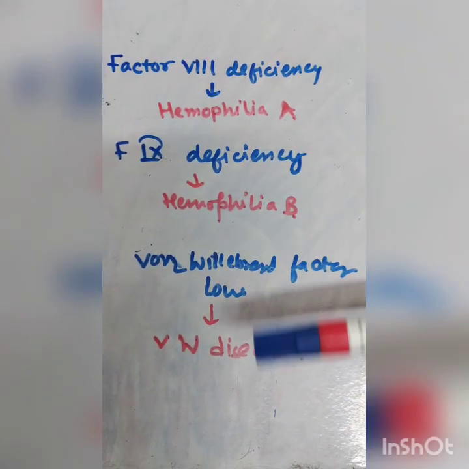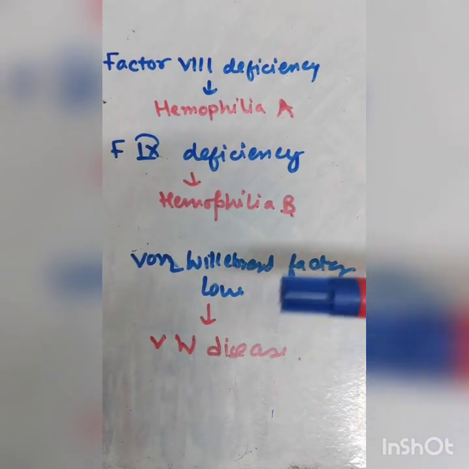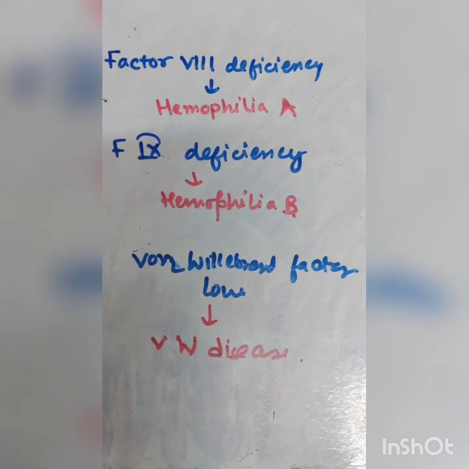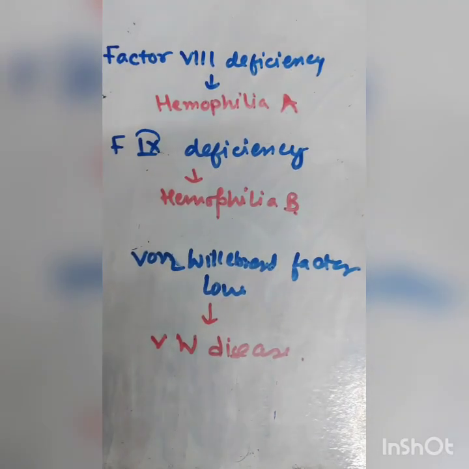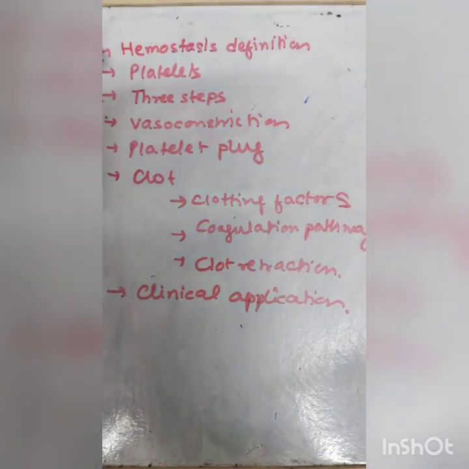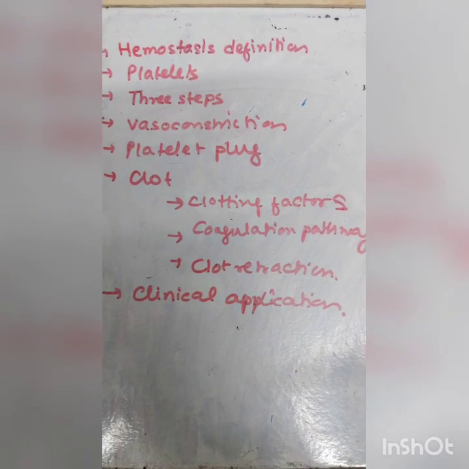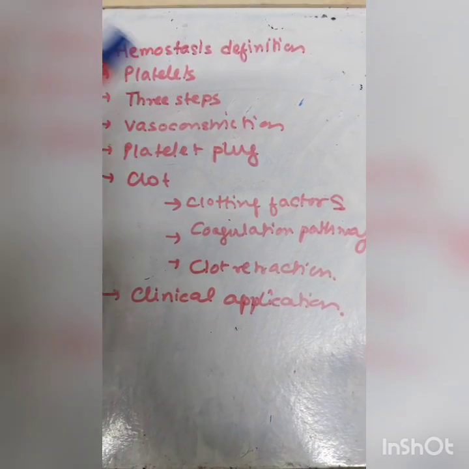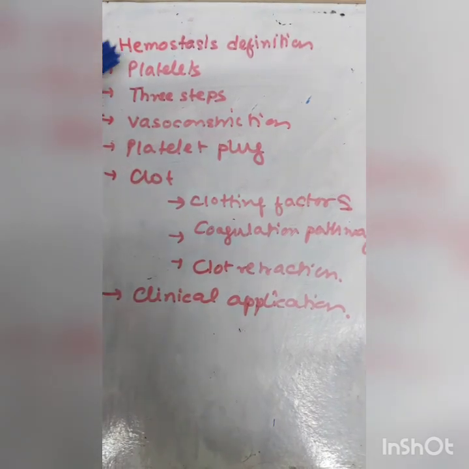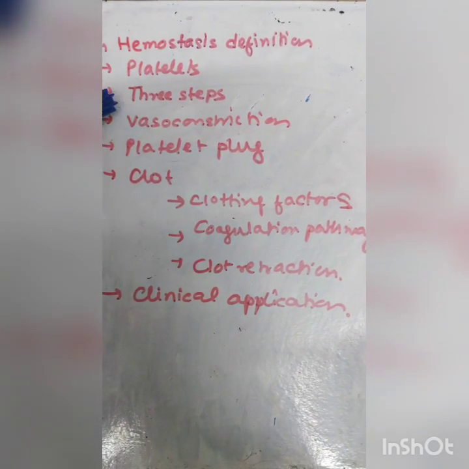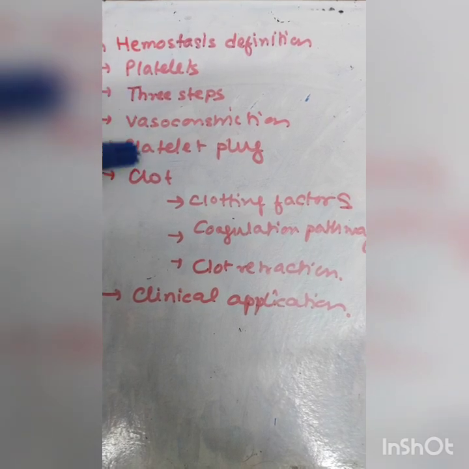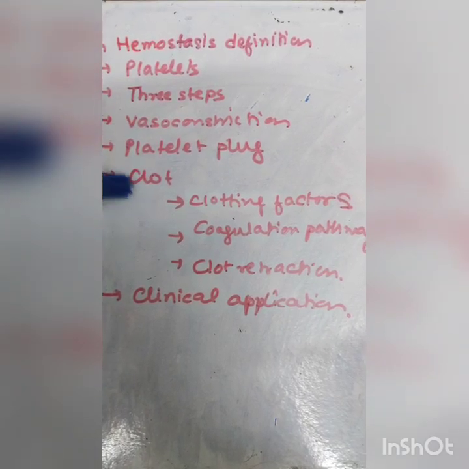In all of these diseases, you can see very increased bleeding, and if there is any injury or any surgery done, you can see that there is increased chance of bleeding. So now, if you want to write an answer on hemostasis, you should start with the definition, and then you should briefly describe platelets and write about the 3 steps of hemostasis, that is vasoconstriction, platelet plug formation and clot formation.